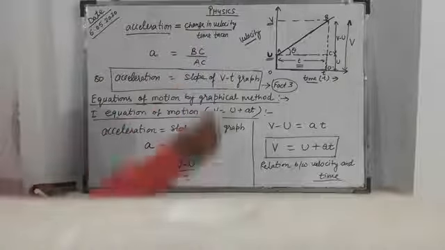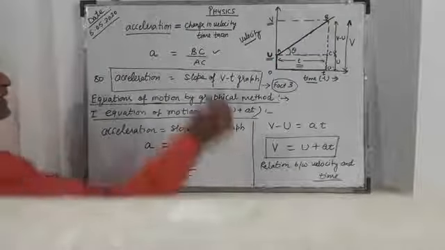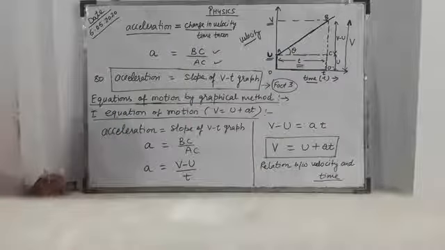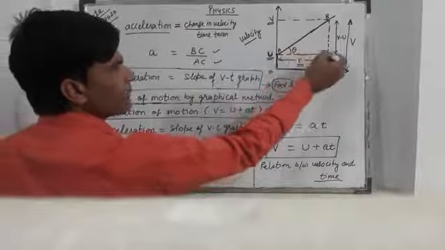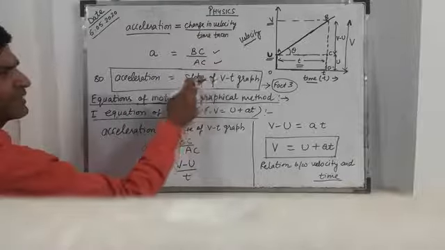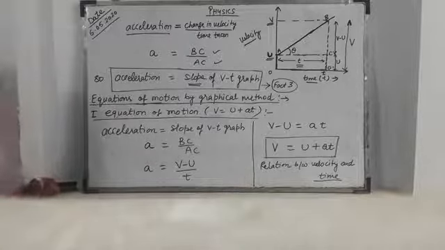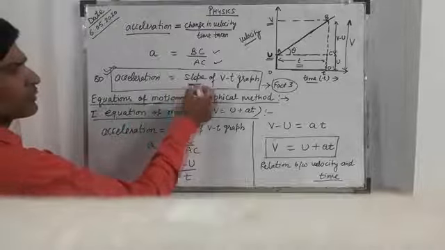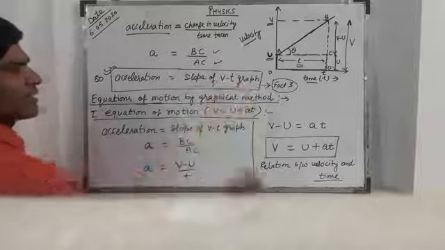So from the graph, change in velocity is BC and time taken is AC. This is perpendicular upon base, and as we have discussed earlier, perpendicular upon base is equal to slope. Then we get acceleration equal to the slope of the vt graph.